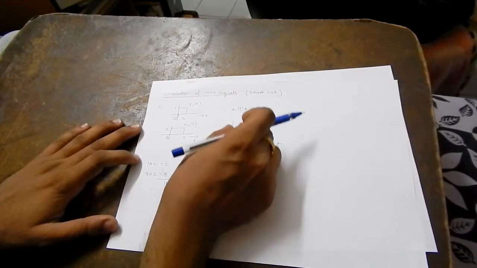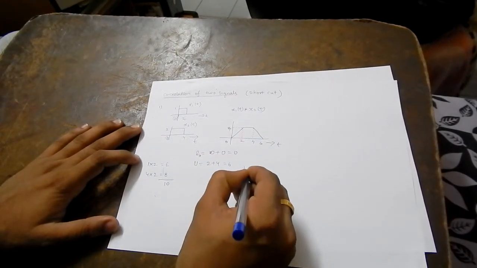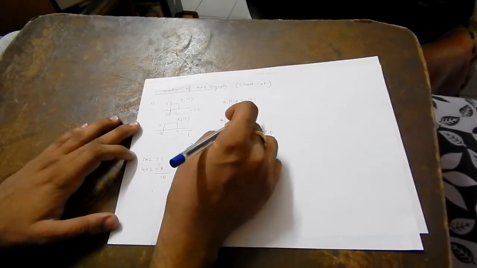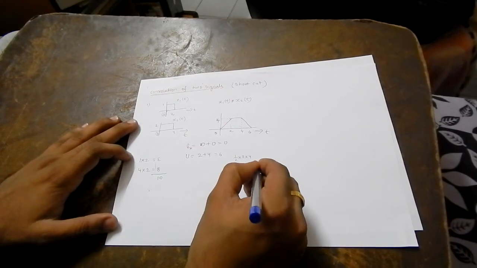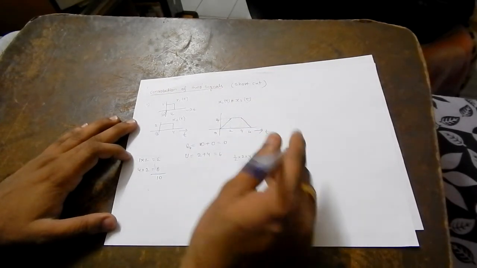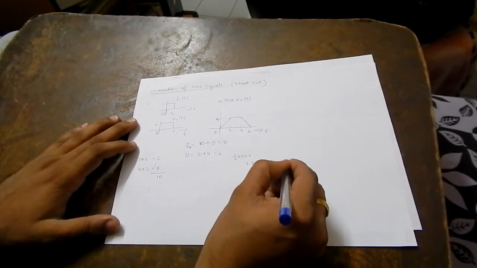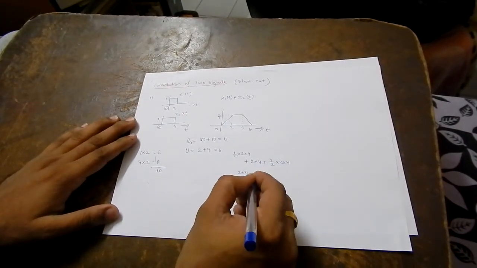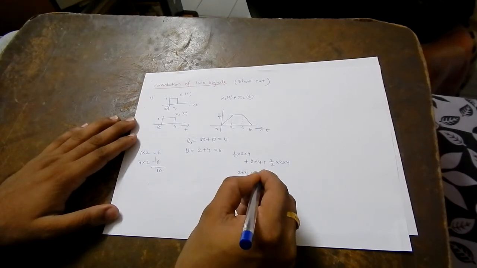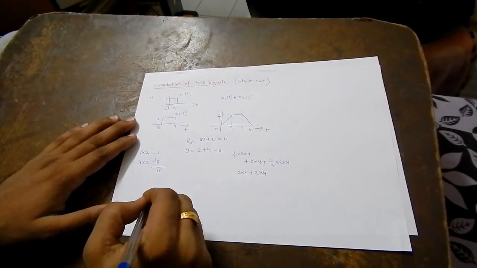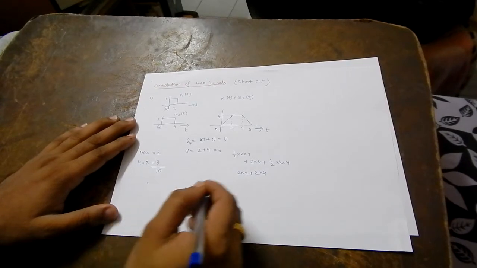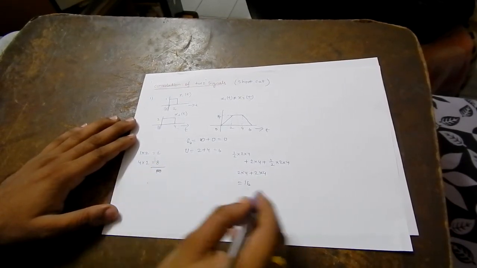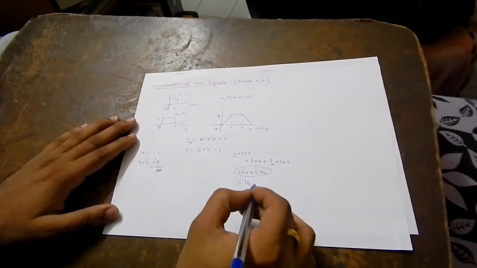For this right angle triangle, it is half into 2 into 4, plus this is directly 2 into 4, plus again this is half into 2 into 4. So that is 2 into 4 plus 2 into 4. What we are getting is the value 16. So the total area is 16.